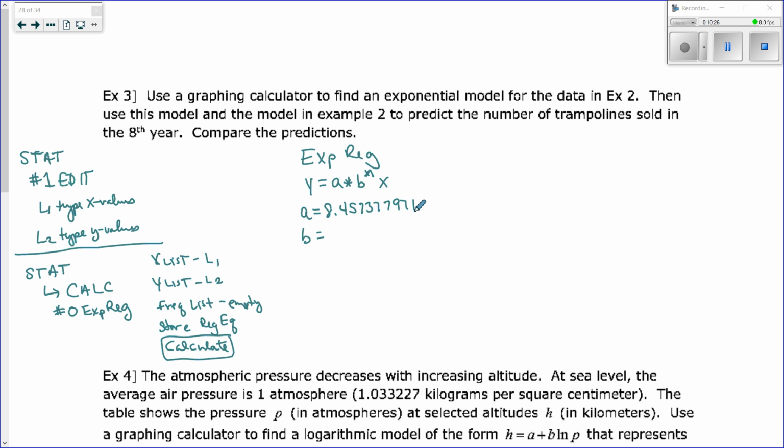And for B, you'll get 1.4188, 1.4188, and then 48603. So that's what you'll get.